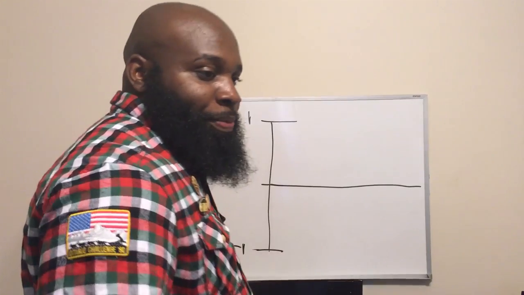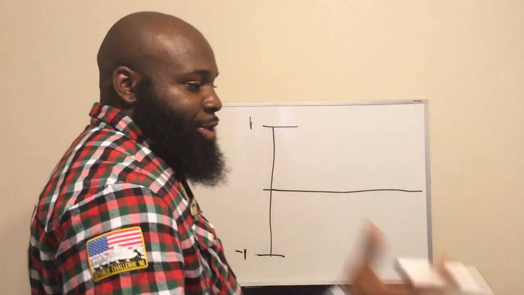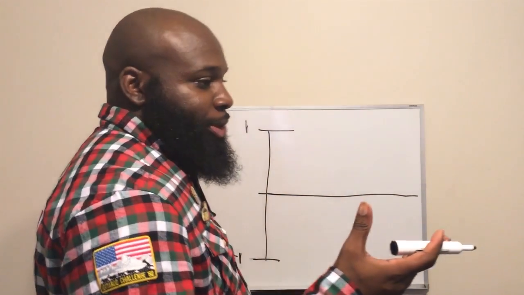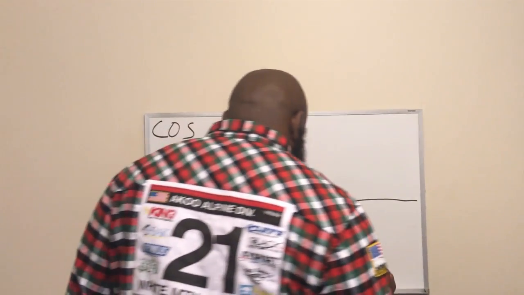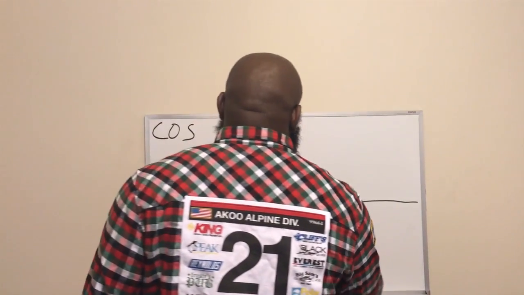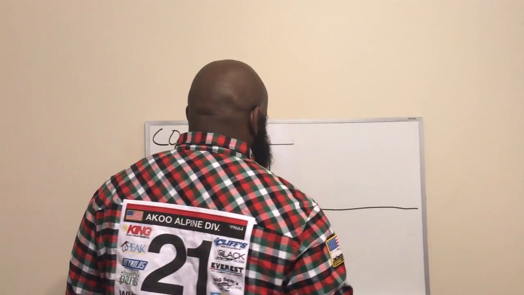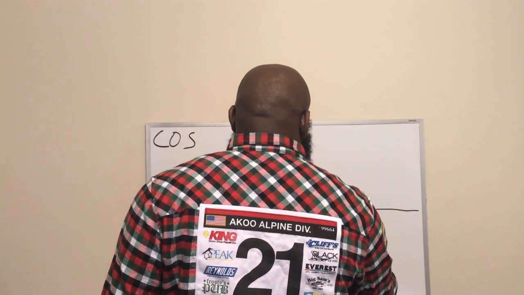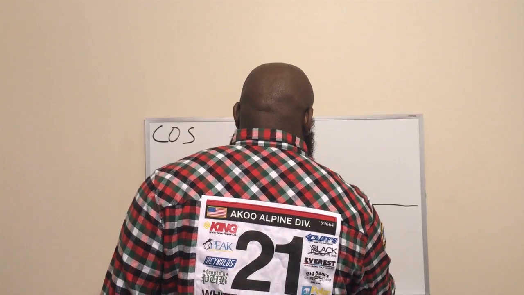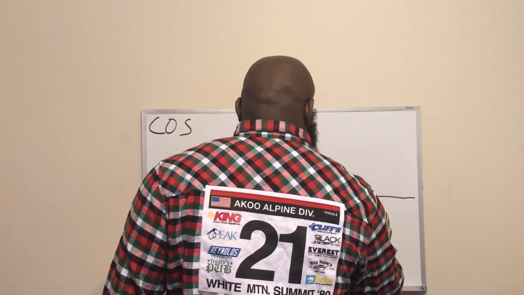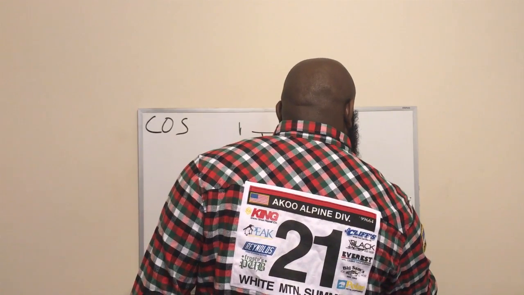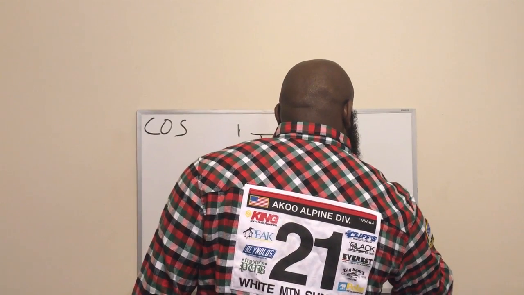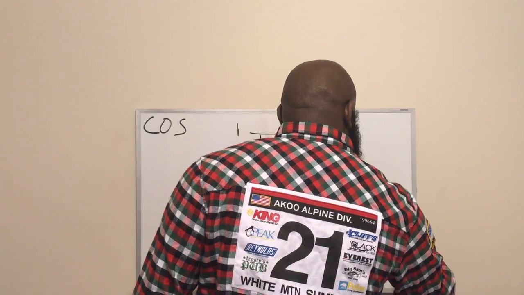Again, we're going to plot our endpoints: 0, pi over 2, pi, 3 pi over 2, and 2 pi. So you have the 0 right there. We'll put our pi over 2 right here, which is our 90. We have our pi, which is 180, our 3 pi over 2, which is our 270, and our 2 pi, which is 360.